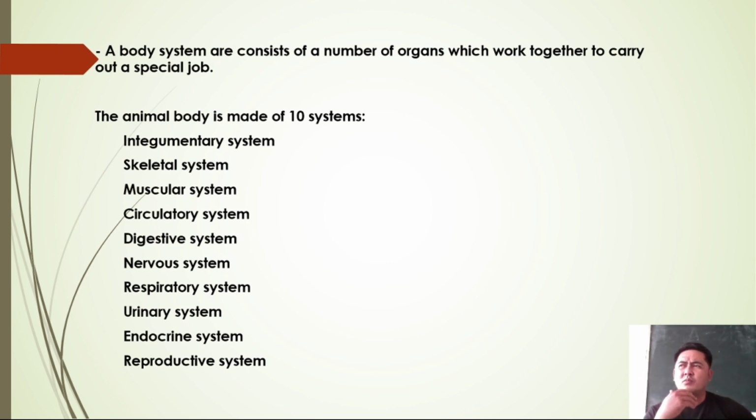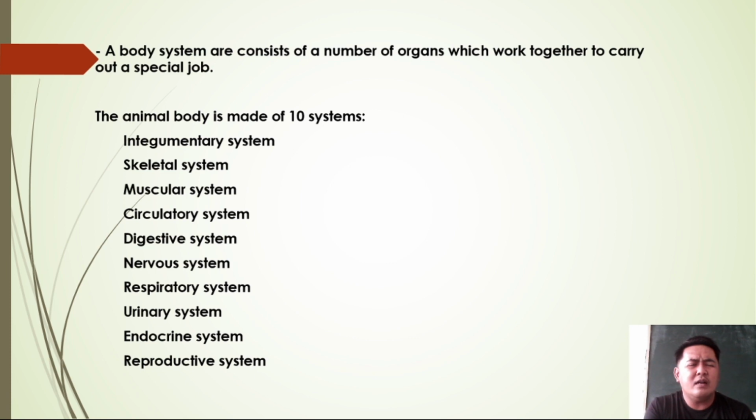The circulatory system is made up of the veins, the heart, the blood, and so on. If they work together, they are doing a certain function of the body, which is giving the body the flow of blood, in which it carries food and nutrients for the whole body. So that is an example of a body system and the organs it consists of.